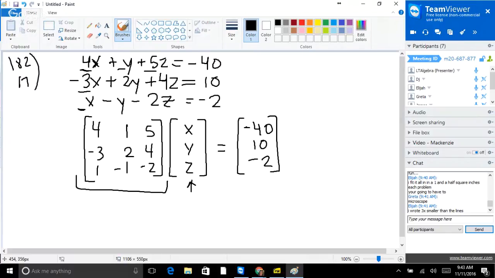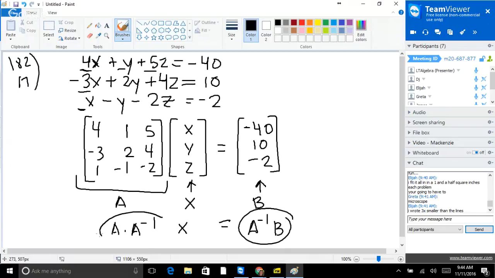If this is matrix A, this is my big X, my unknown, and this is matrix B, I multiply A times X by the inverse of A, and I also have to multiply B by the inverse of A on the other side.